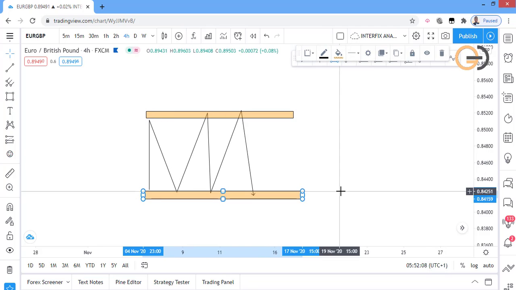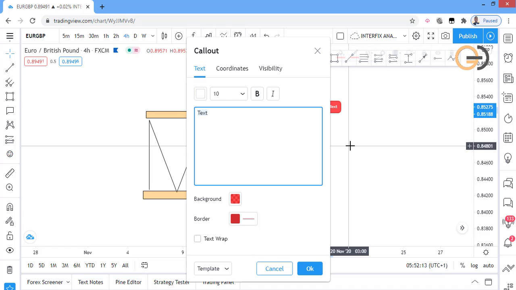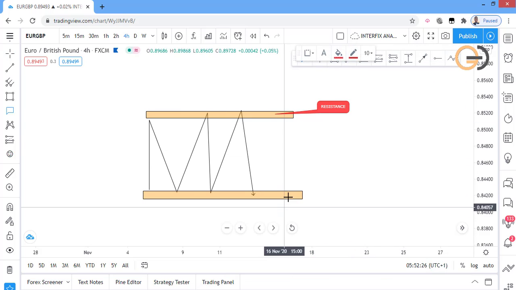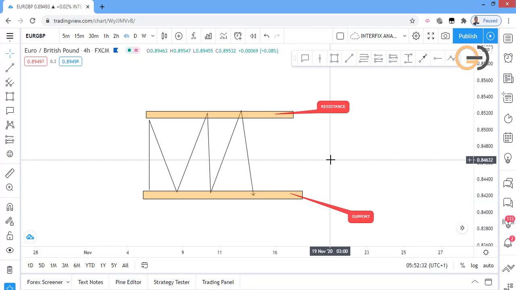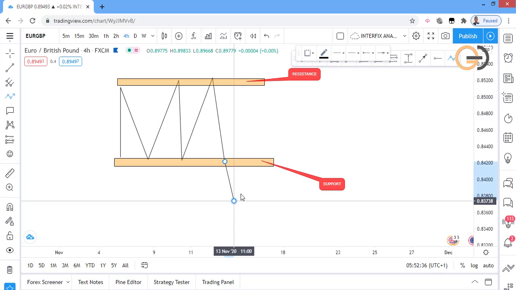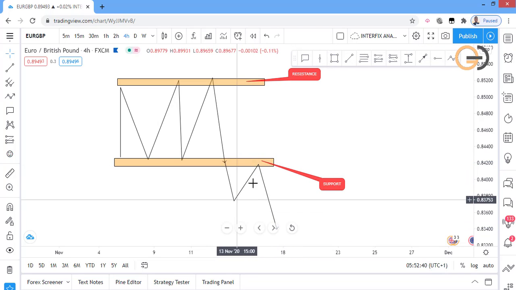So at the top here is what we call the resistance. Then at the bottom, this is what we call the support. All right, so anytime the support is broken, retested, it becomes what?